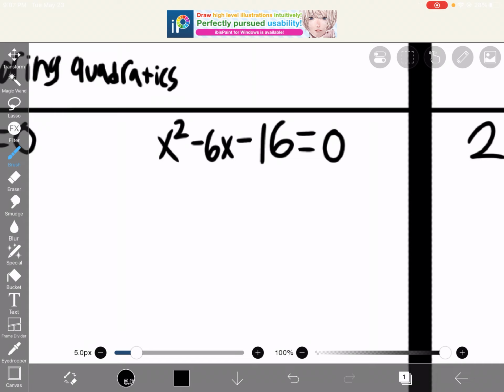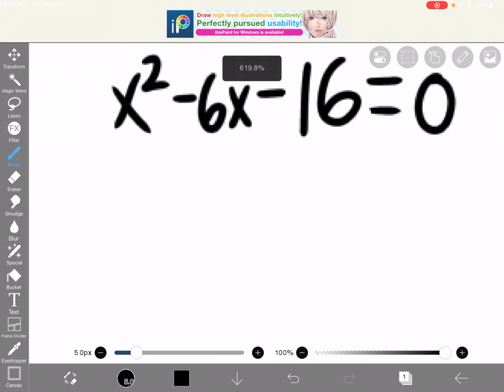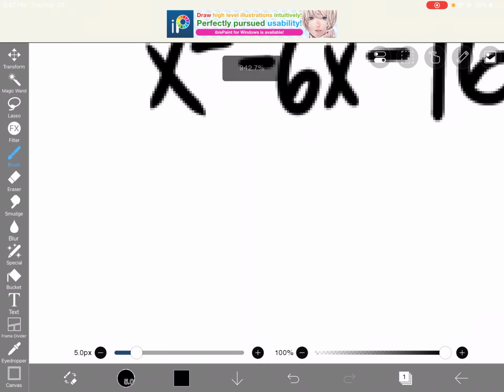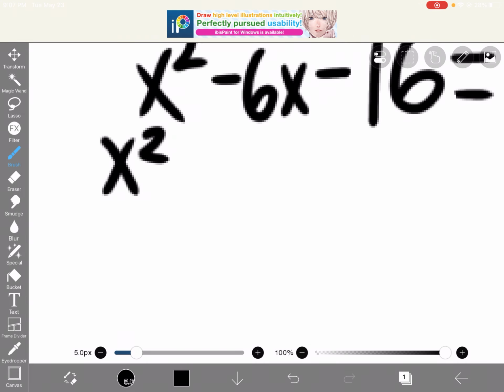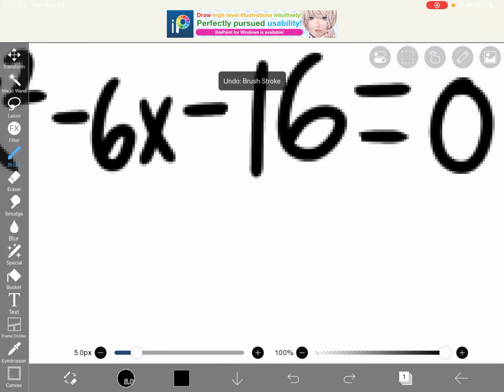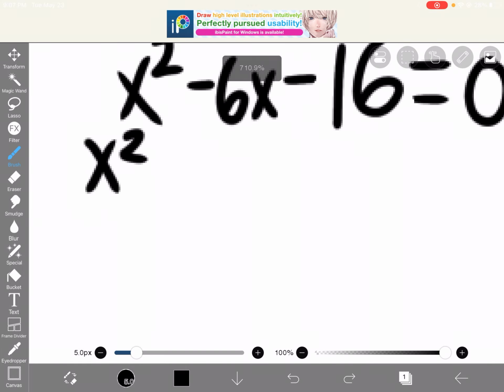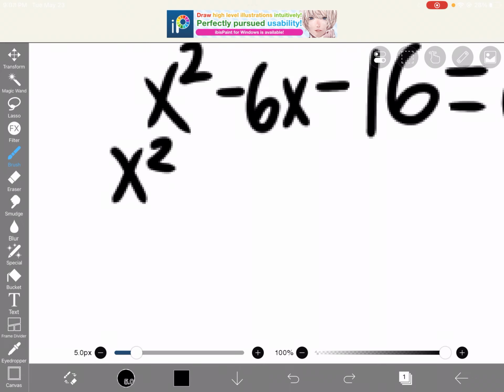What we want to do is find numbers that sum to negative 6, but also each divisible by the other number.